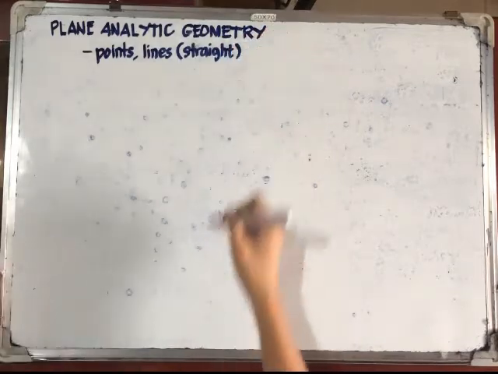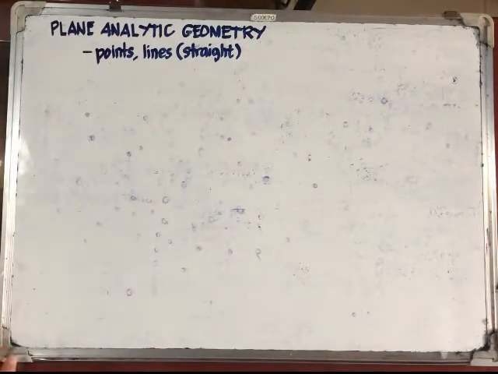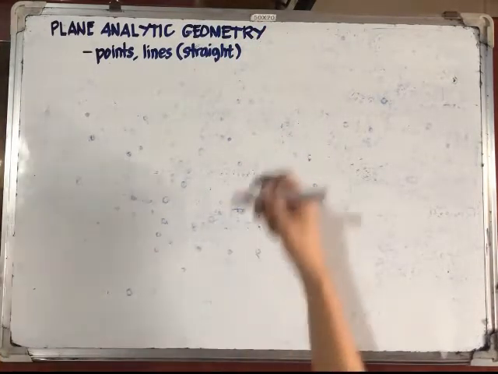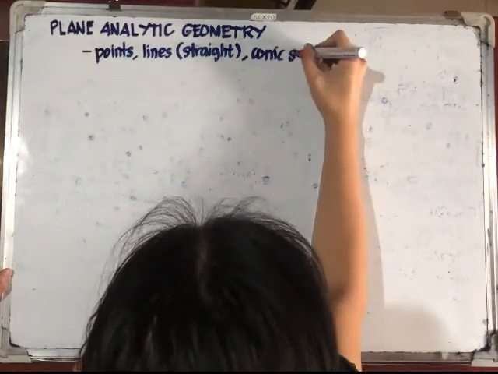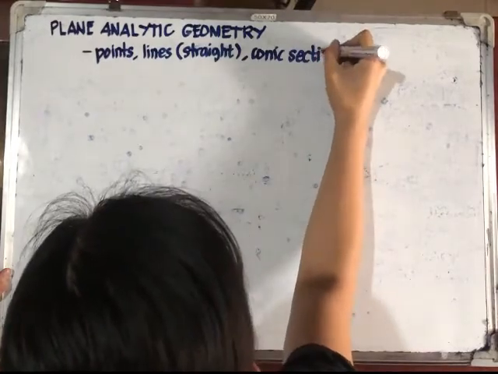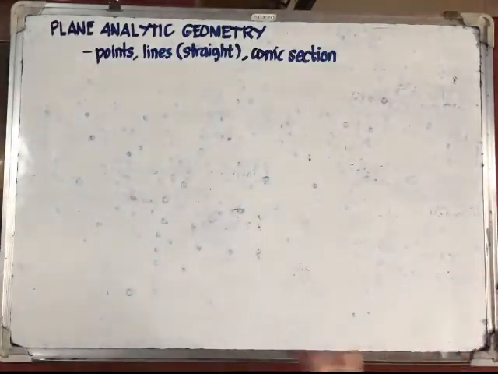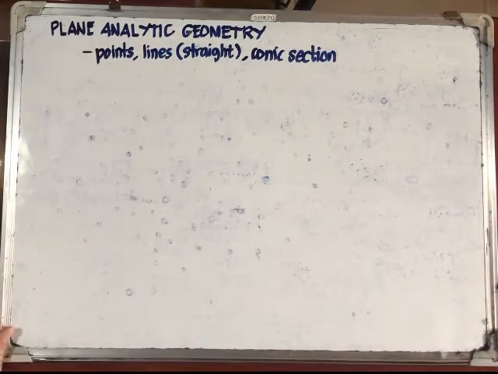Straight lines, parallel lines, perpendicular lines, the conic section, and especially the Cartesian coordinate system.